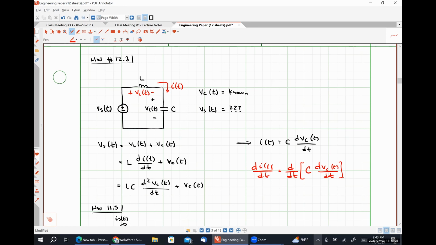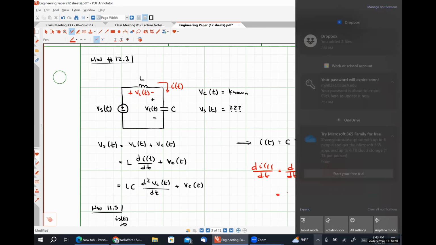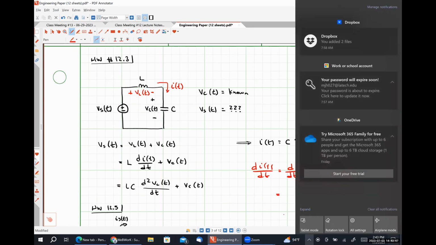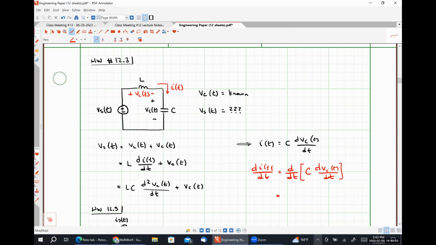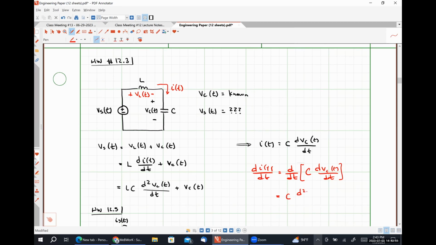So the derivative of the voltage is the second derivative of the voltage. Yeah, okay. And then we just have to multiply through by that L. Okay.